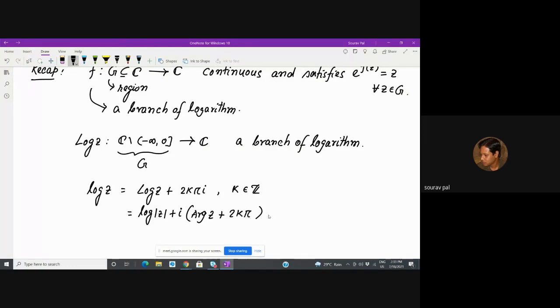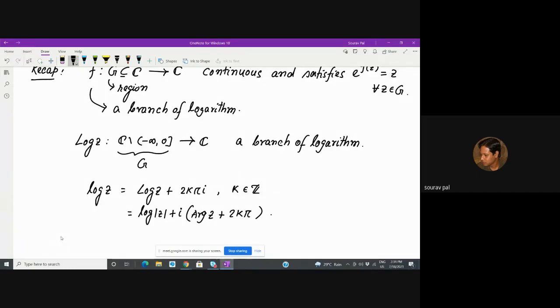Now if you choose any integer k, if k is equal to 0, we have the principal logarithm, which is a branch of logarithm according to the definition. It is a continuous function, it is well defined, single valued, and it satisfies this equation e to the f z equal to z.